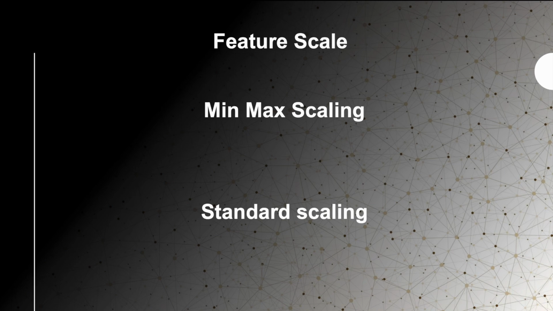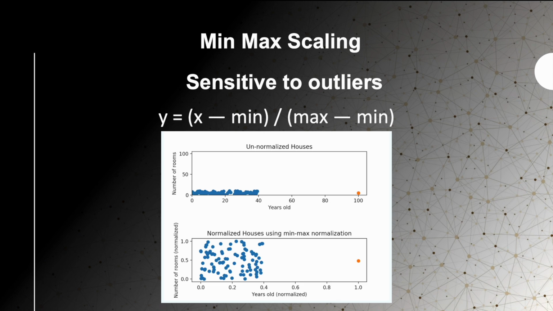Min-max scaling, also called normalization, shifts and scales values to a range between 0 and 1. However, it is highly sensitive to outliers. For instance, if most data lies between 0 and 40, but there is an outlier with a value of 100, the scaling will compress all the values into a narrow range, which is not ideal.